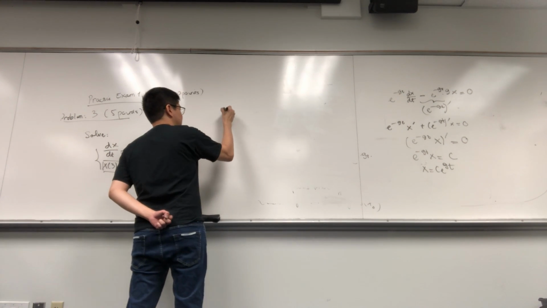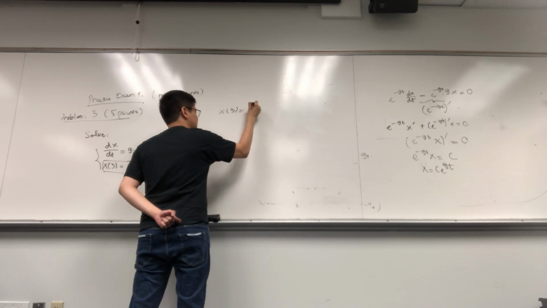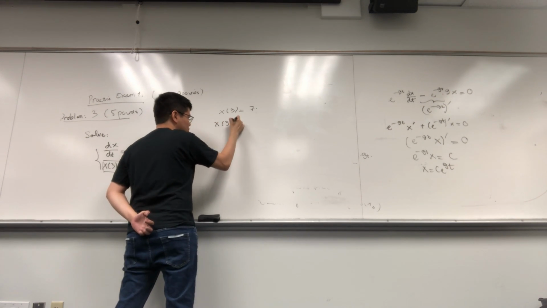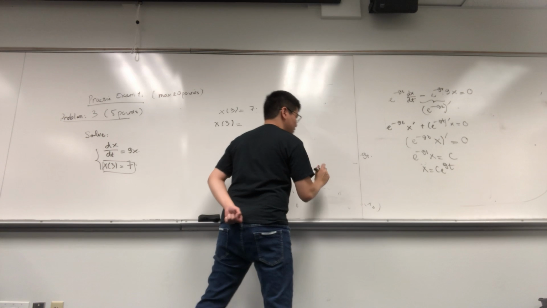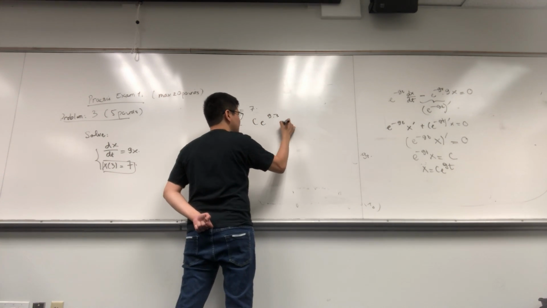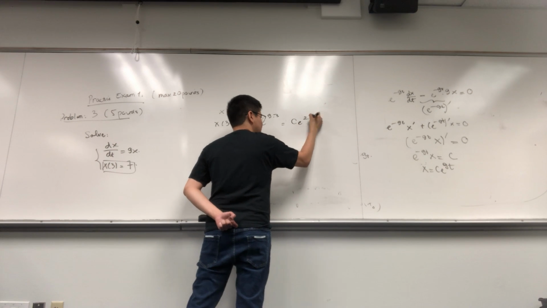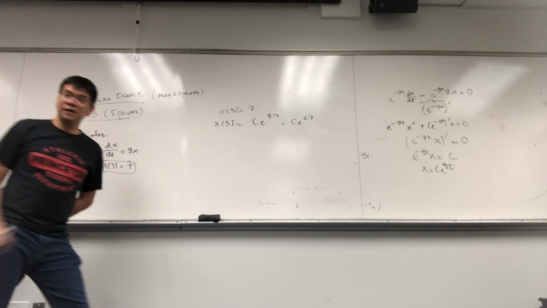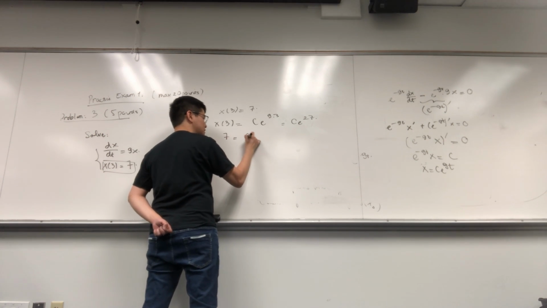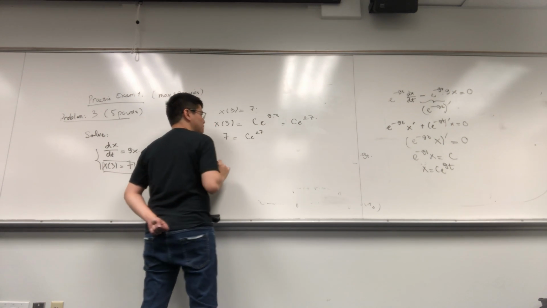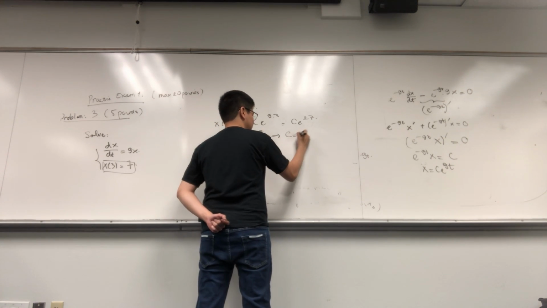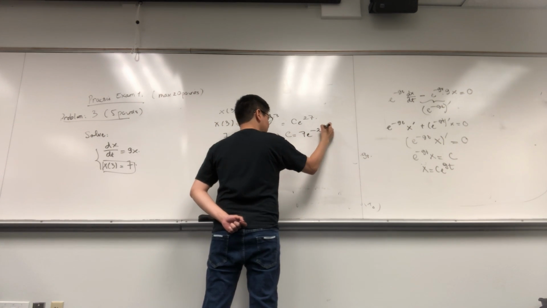So x(3) is 7, but we also have x(3) from this formula is c e to the 9 times 3, and this is c e to the 27. All right? So you compare the two, you have 7 is c e to the 27, which means that c is 7 e to the power minus 27.